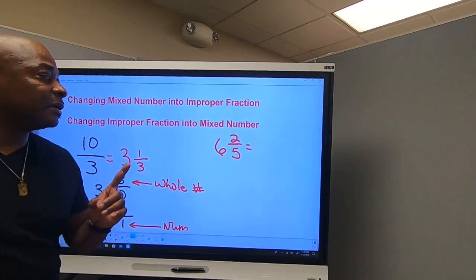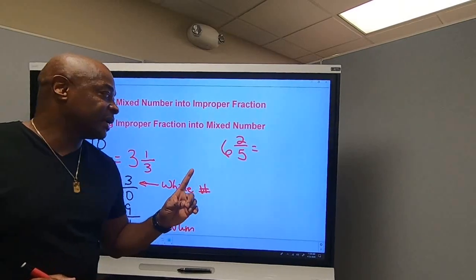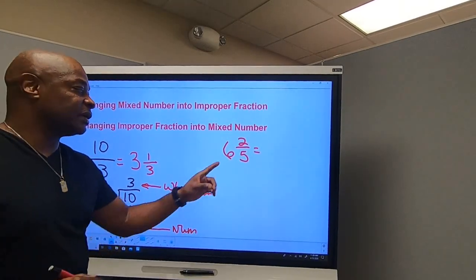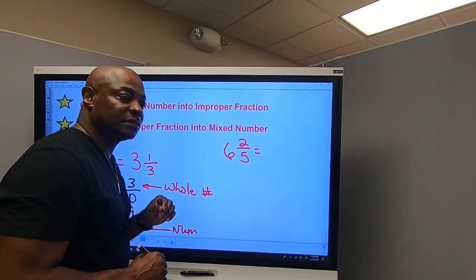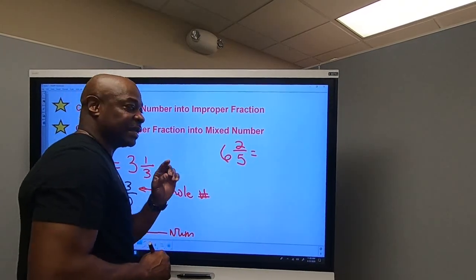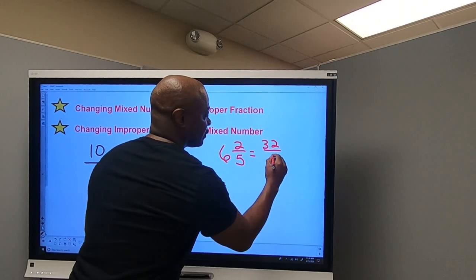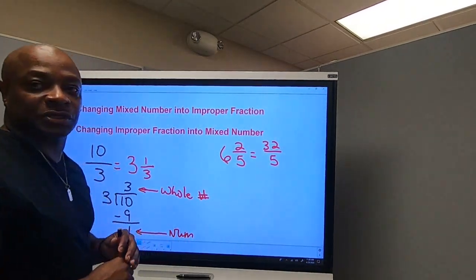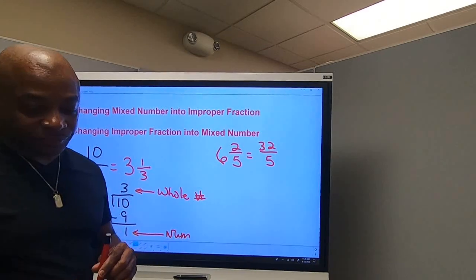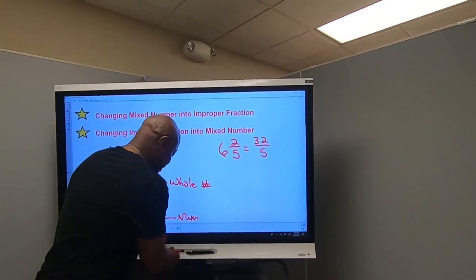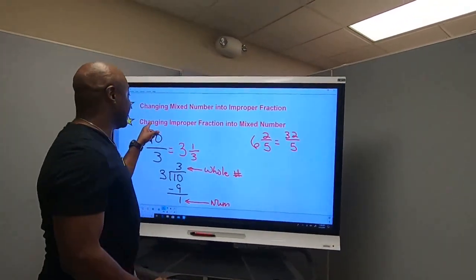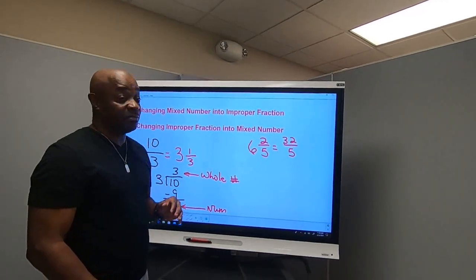We multiplied our denominator times our whole number, which is what? 5 times 6 is? Good. 30 plus how many? 2. Good. Is what? 32 over what? 5. Awesome. Awesome job.